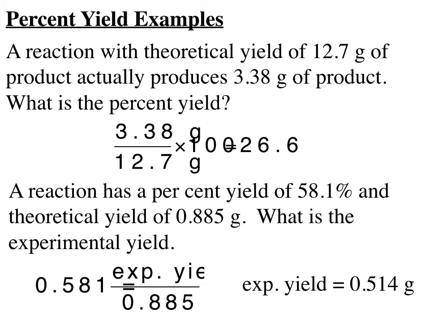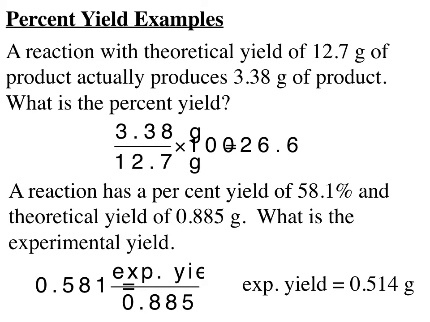Now these are numbers of significance as well, for those of you that are fans of significant figures. I have 3 significant figures in my theoretical yield, 3 significant figures in my experimental yield. I have 3 significant figures in my percent yield as well. So if I have a percent yield of 58.1% and a theoretical yield of 0.885 grams, I can find the experimental yield by dividing the percent yield by 100 to change it into a decimal.